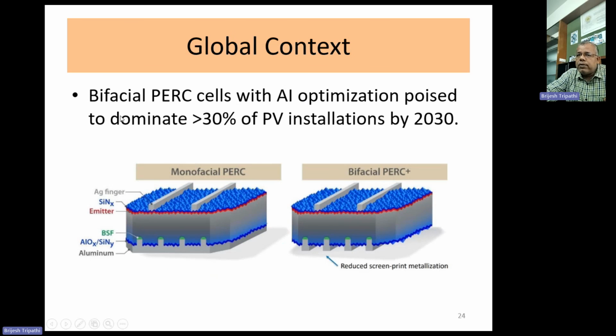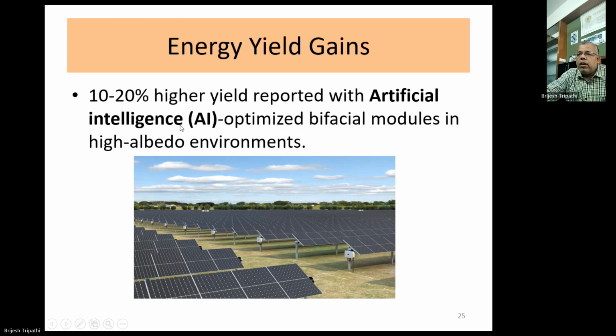In global context, bifacial PERC solar cells with AI optimization may dominate greater than 30% of PV installations by 2030. This is an estimate. And we expect that at a field level, in the bigger power plants, mega or gigawatt scale power plants, almost 10 to 20% higher yield can be reported by adopting machine learning based optimizations.